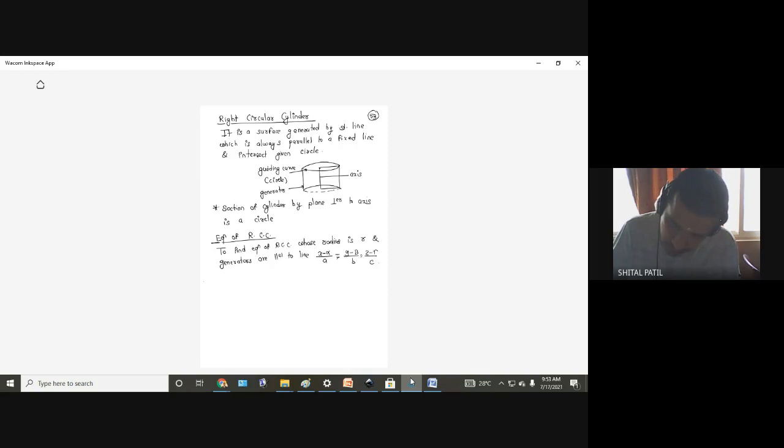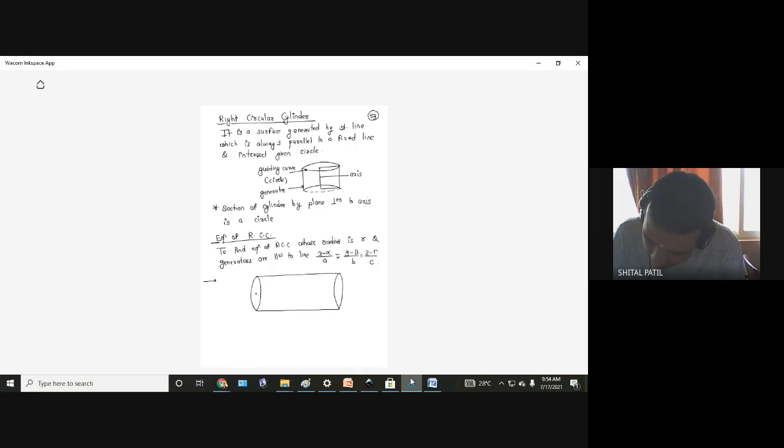Okay, no problem. Where should we start? We'll start in this way. This is the cylinder. Our aim is to find the equation of this cylinder.